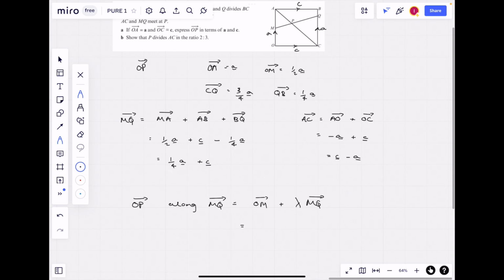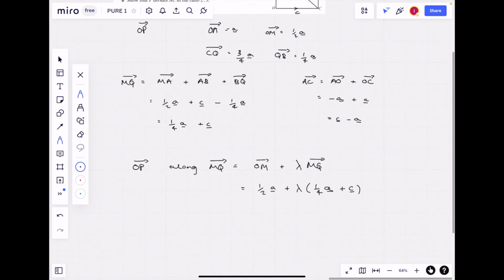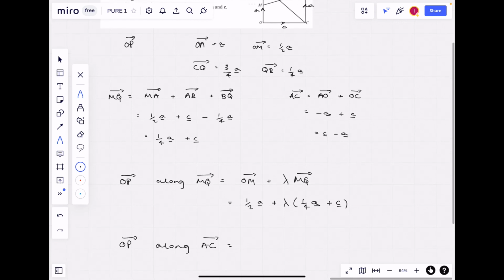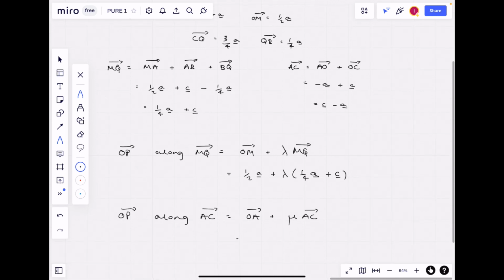O to M is a half of A plus lambda times (a quarter A plus C). That's route number one. Route number two is OP taking the route along AC. To do that, we can go from O to A and then a fraction of the way along AC. O to A is just A, plus mu times (C minus A).